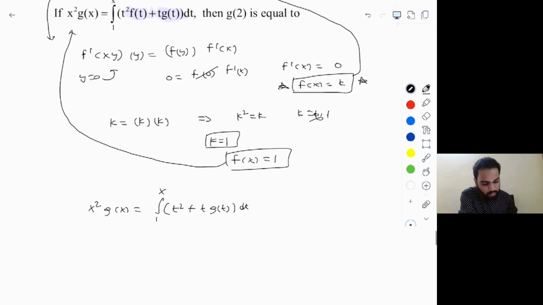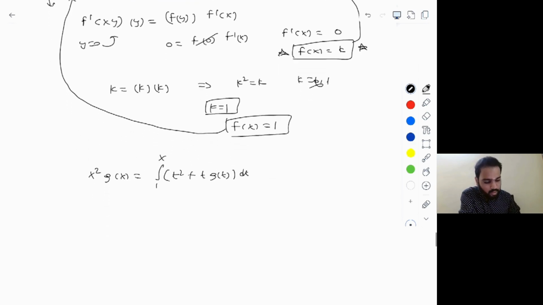Now you have to find the value g of 2. You know what to do very well, that is directly differentiating on both sides. x square into g dash of x plus g of x multiplied by 2x is equal to, on differentiating the right hand side by using Leibniz rule, x square plus x into g of x.